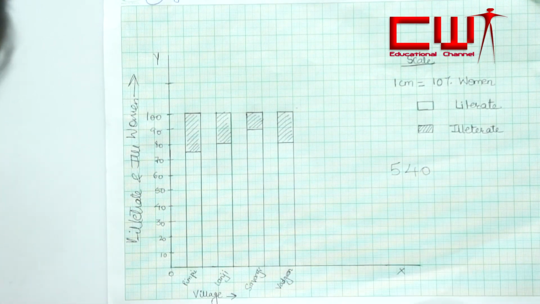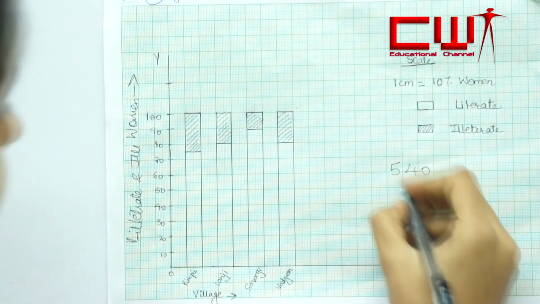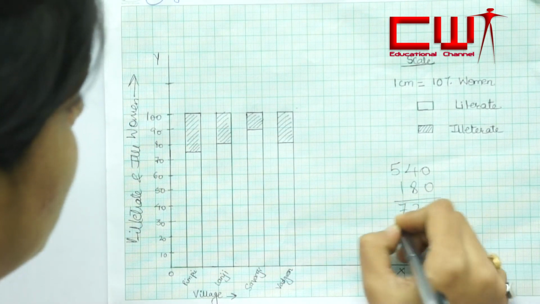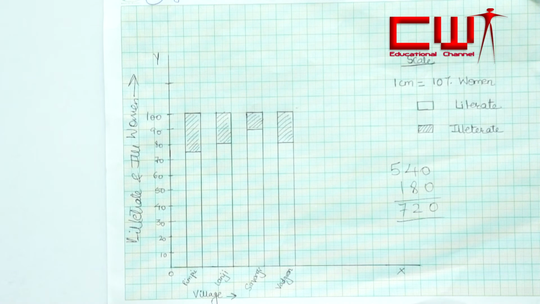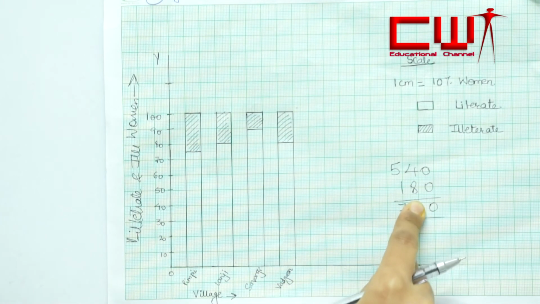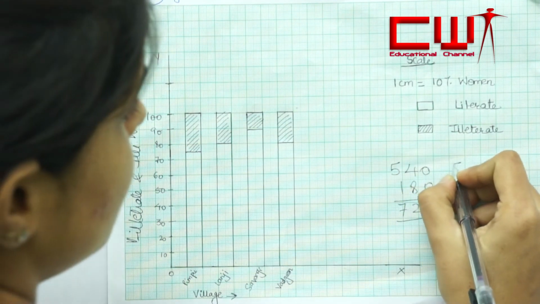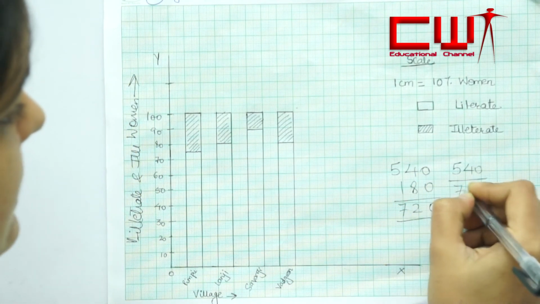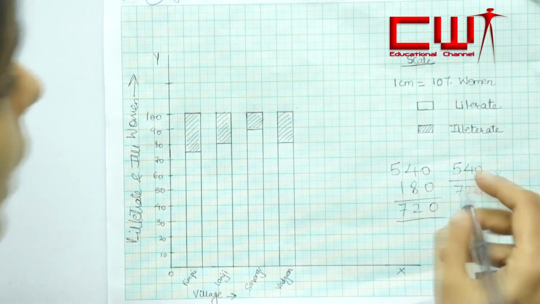That will give you 720. Now you have to calculate for literate women and illiterate women. So you do it as 540 divided by the total, that is 720, into 100.